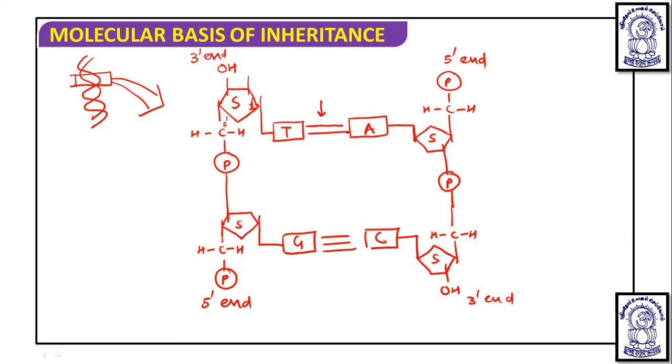Here the bond between the two nitrogen bases will be hydrogen bond, and here you will see this is the 3 dash 5 dash phosphodiester bond. This is a phosphodiester bond.